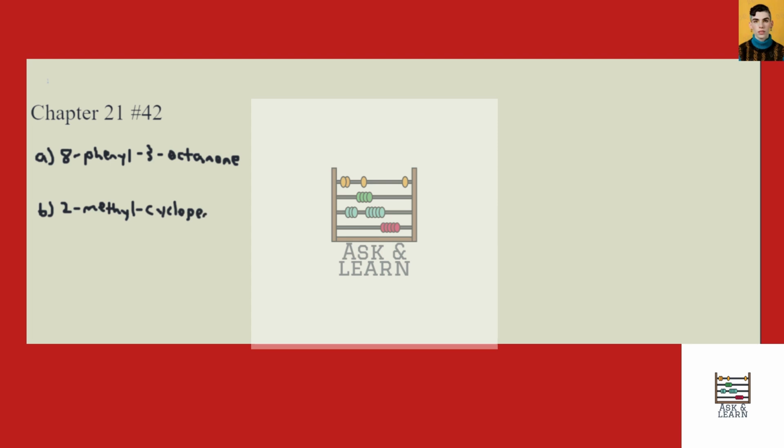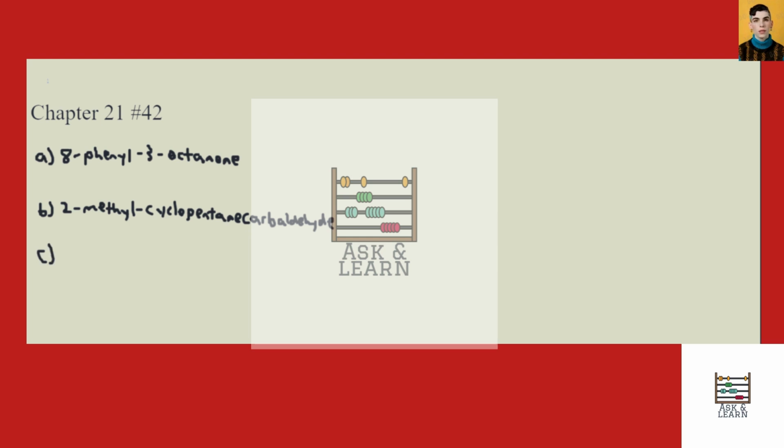So this is going to be 2-methyl cyclopentane. And then remember, the way that we name these aldehydes is going to be to call this carbaldehyde. So 2-methyl cyclopentane carbaldehyde.